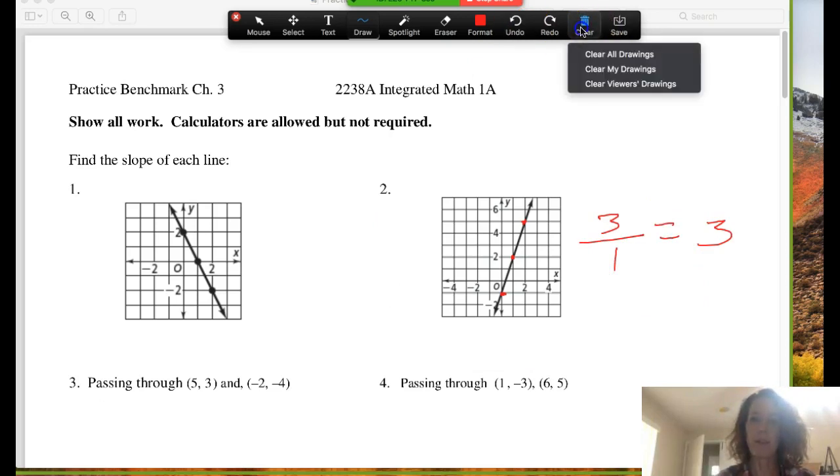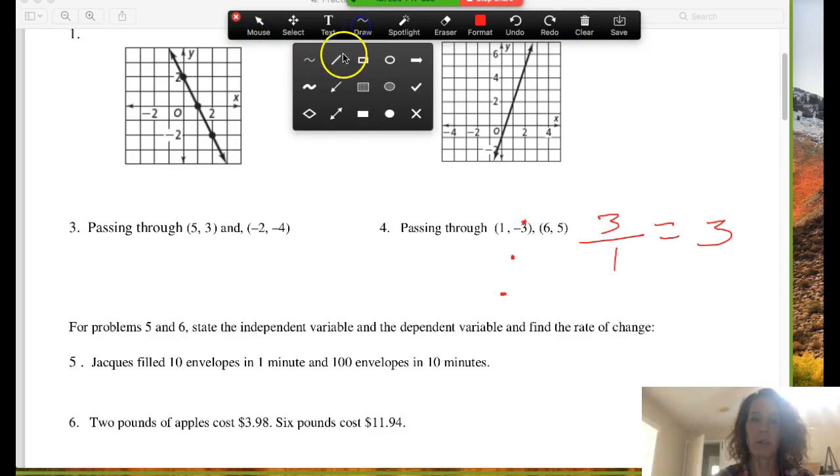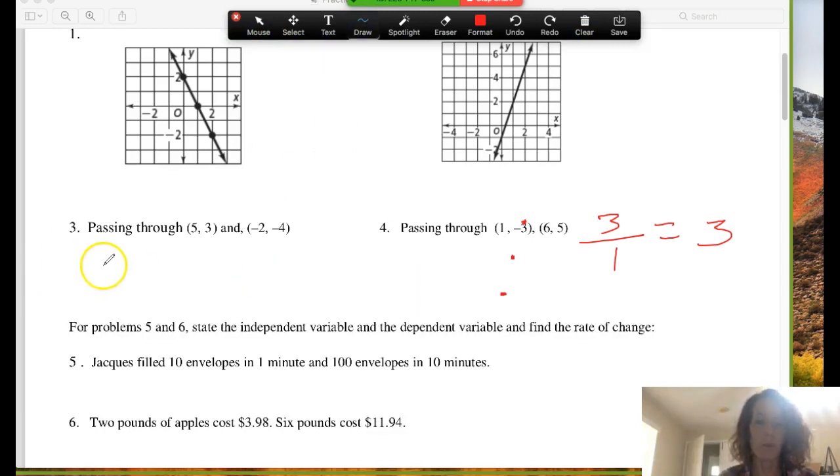All right, let's go ahead and find the slope passing through 2 points. So number 3, if I find a slope passing through 2 points, I'm just going to use the slope formula. Slope is y2 minus y1 over x2 minus x1. So label your points. This could be x1, y1. This could be x2, y2.